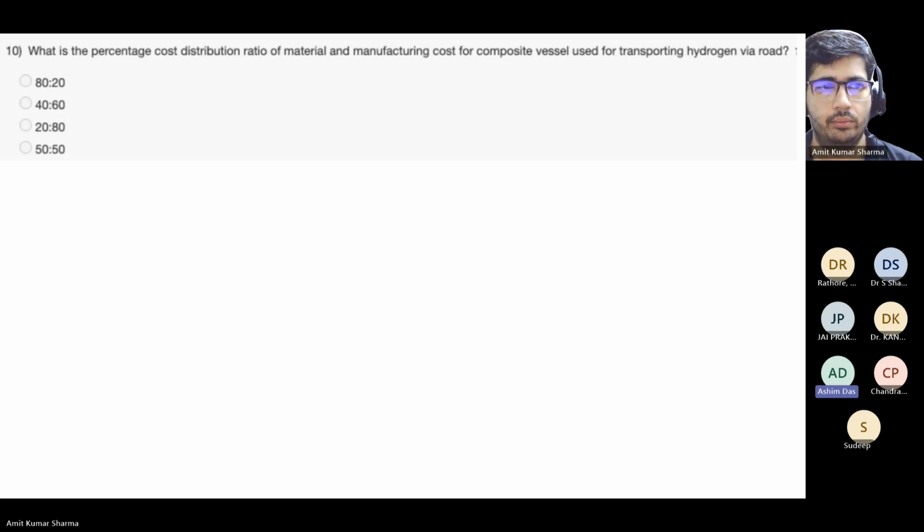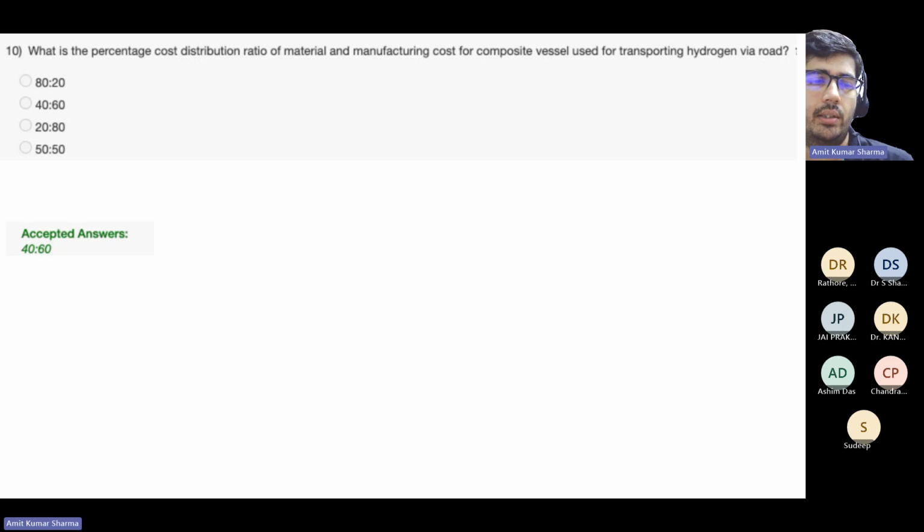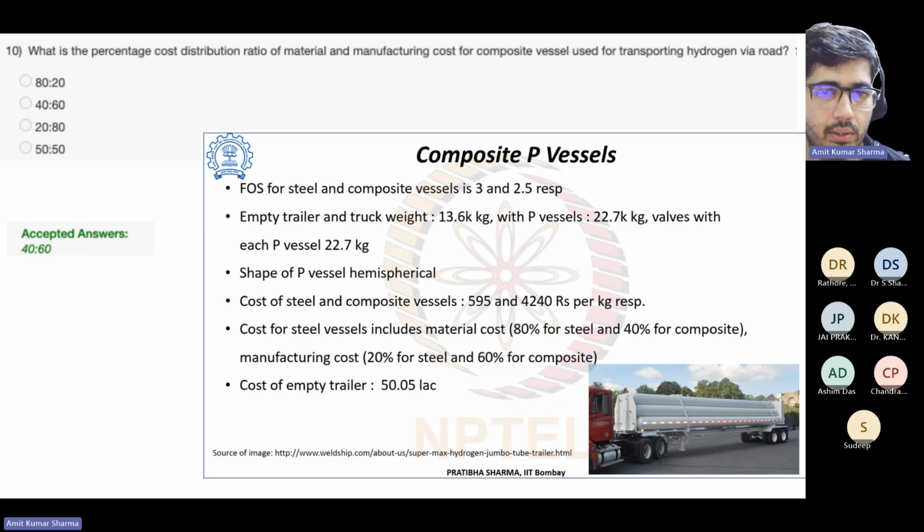In the case of steel, it was 80% material cost and 20% manufacturing cost. But in the case of composite, it is 40-60. Yes, so the answer is option B, 40-60. We covered this in this slide.